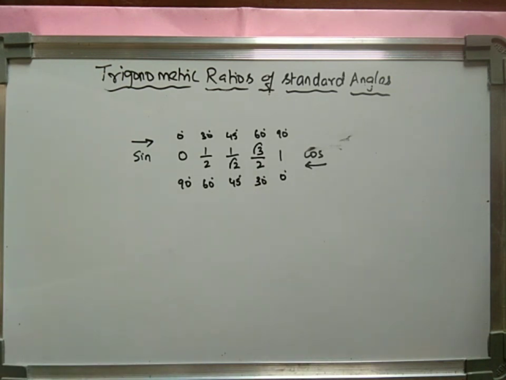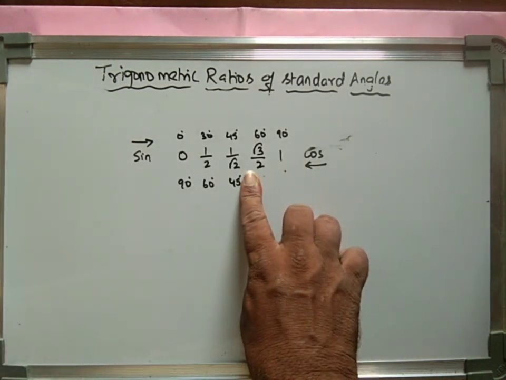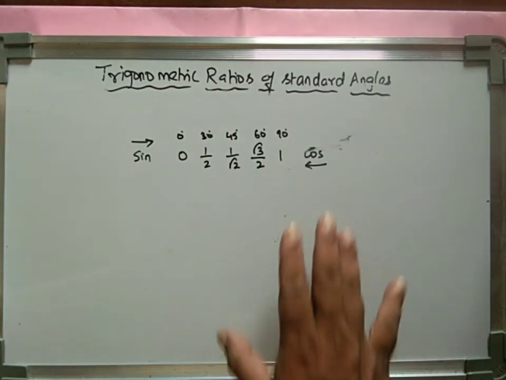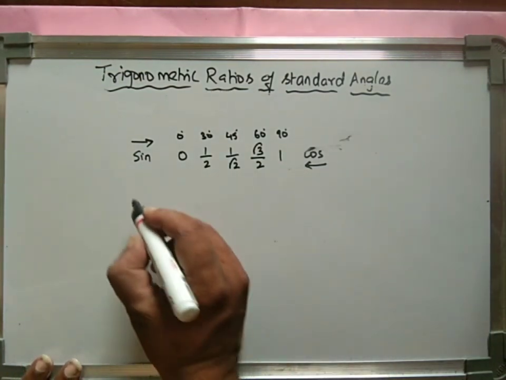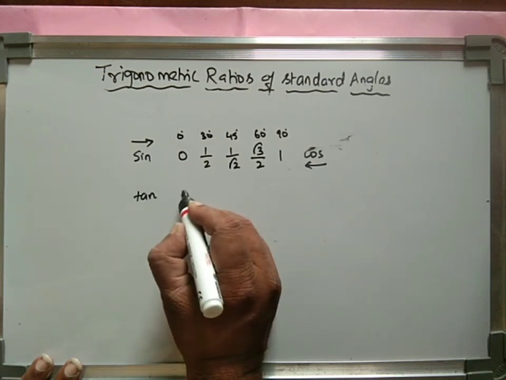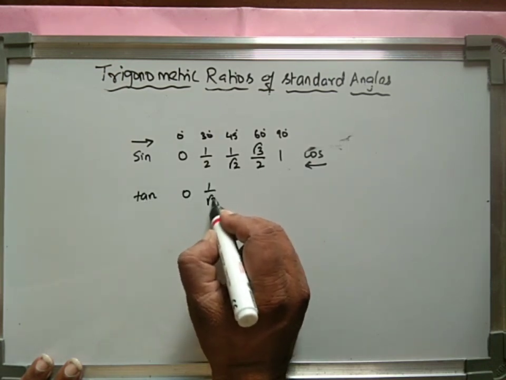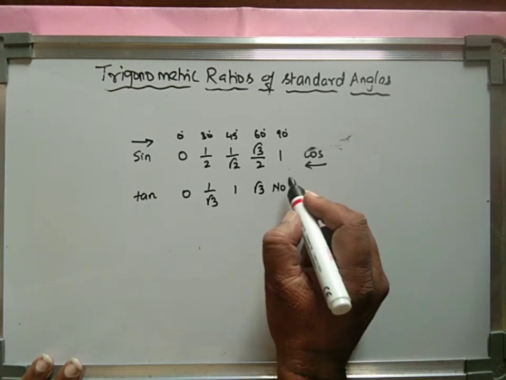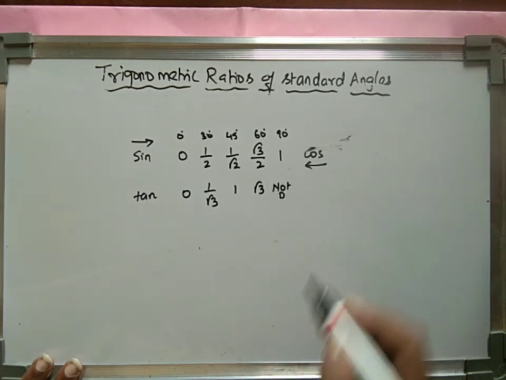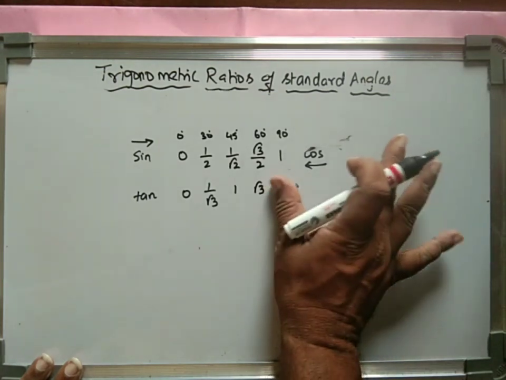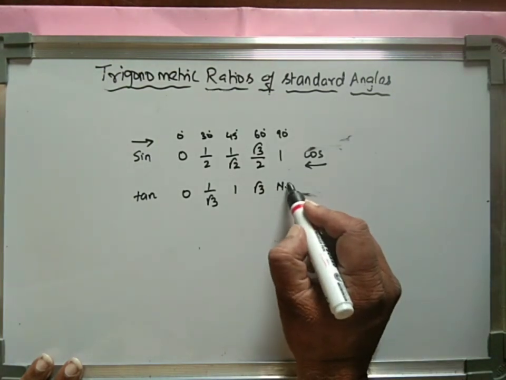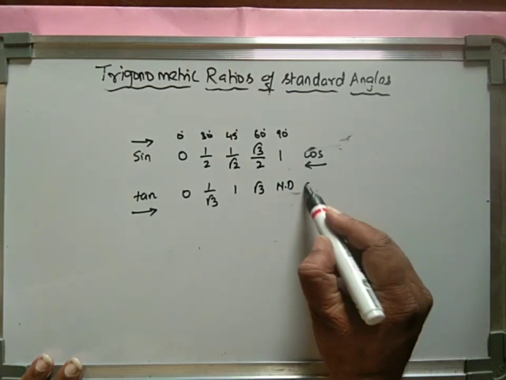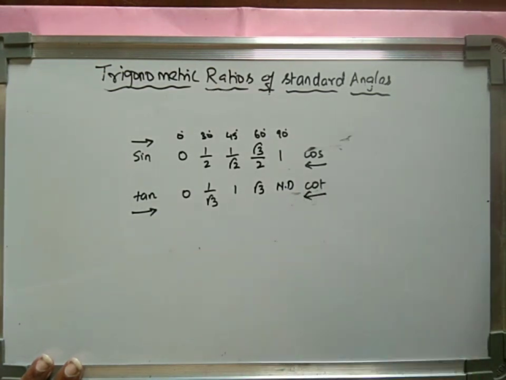Okay. So apart from this, if you want to make the steps very easy, we have to learn one more row, that is the values of tan. What is that? 0, 1 by root 3, 1, root 3, not defined. If we go in this direction we get tan value, if we come in this direction we get cot value.